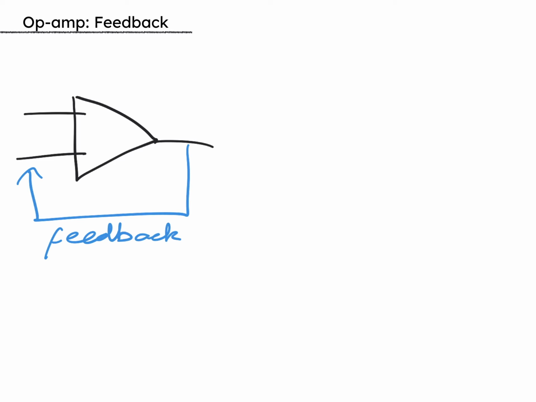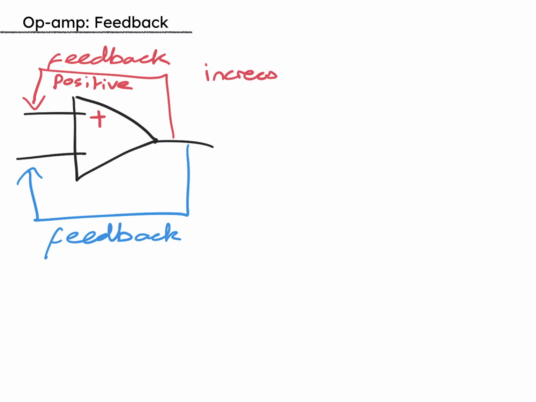Since there are two inputs on an op-amp, there are two types of feedback. Positive feedback is when some of the output is fed back to the non-inverting terminal. This has the effect of increasing the magnitude of the output. Think about that for a moment.